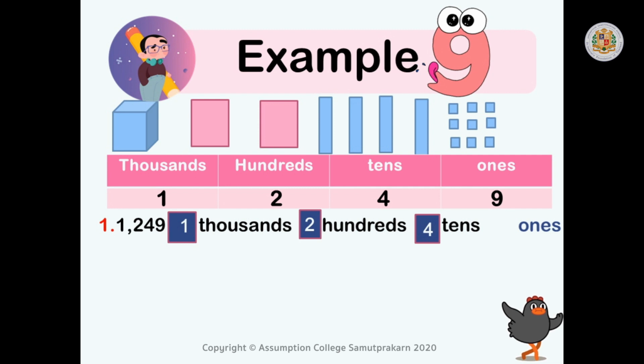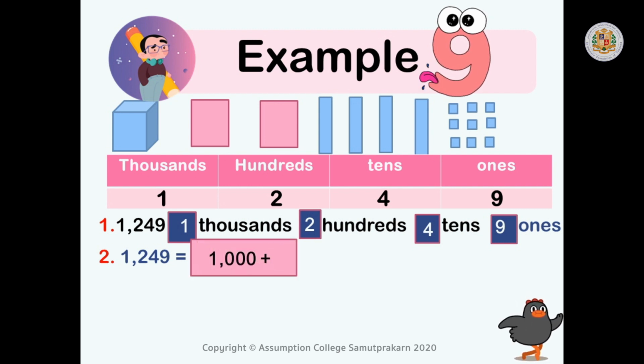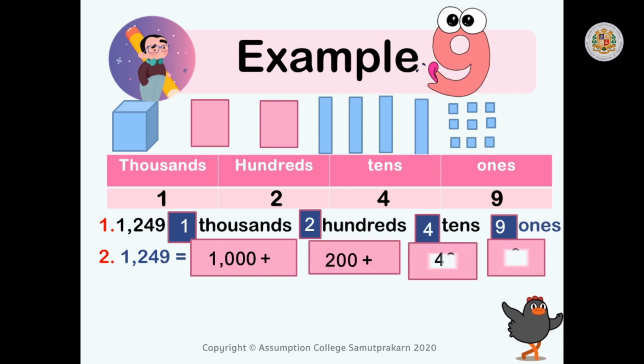Or this number is 1,249. The value is 1000 plus 200 plus 40 plus 9.